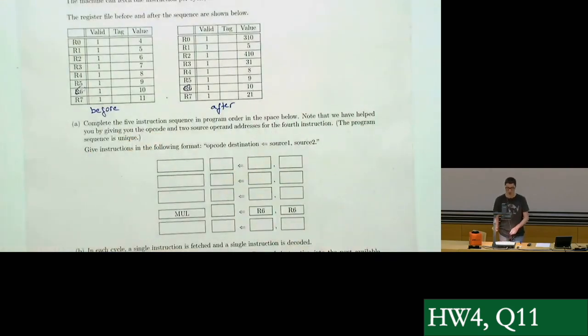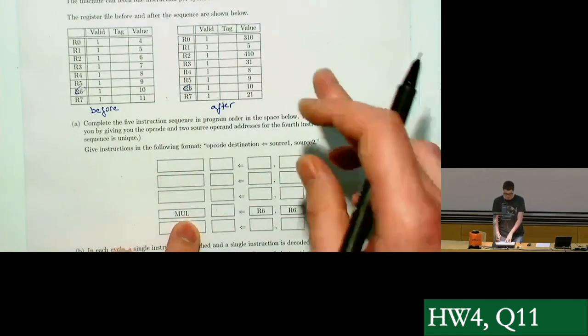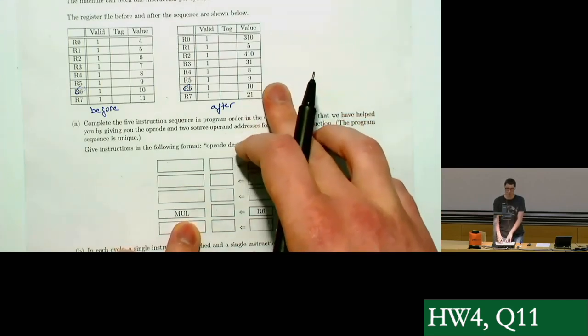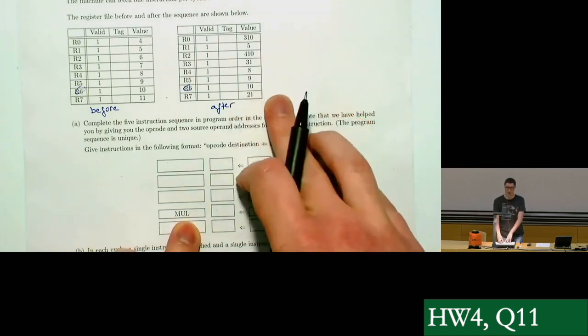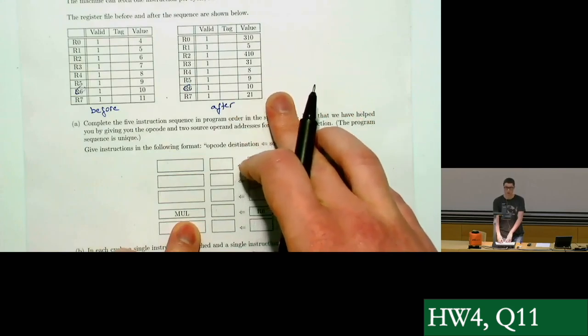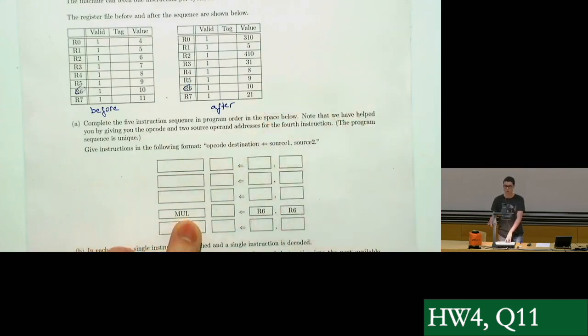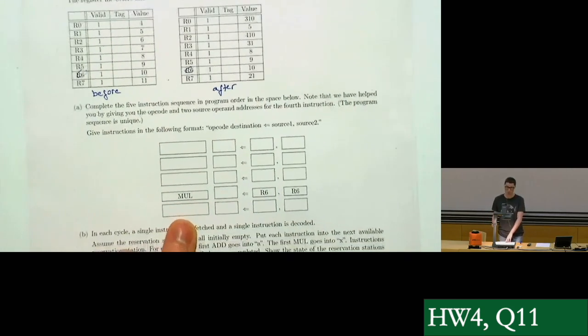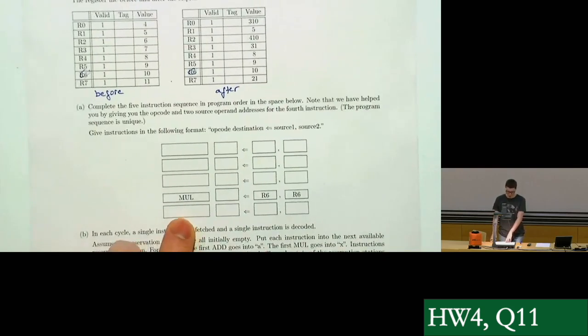It remains 10, so we know the result of this multiplication will be 100. But we don't see 100 anywhere in the register file, so some other instruction has overwritten this 100. And there is only one possibility because we have only one instruction coming after this multiplication. So we don't know exactly what the destination register is, but we can tell that the destination registers of those two instructions are the same.